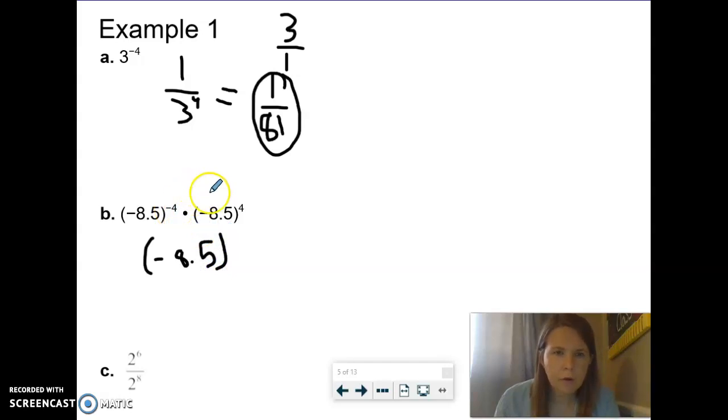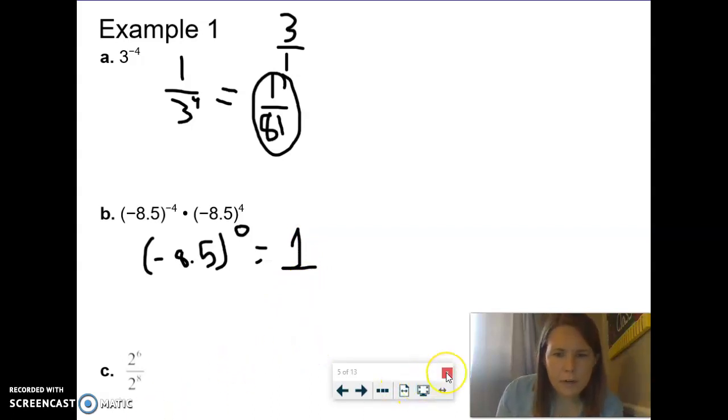Well, a negative 4 plus a positive 4, they cancel each other out because they're the same distance away from the number on the number line. And so you meet right at the middle, which is 0. So this is going to be an expression where I have it to the power of 0. So negative 8.5 to the 0, anything to the 0, whether the base is negative or positive, is going to be 1.